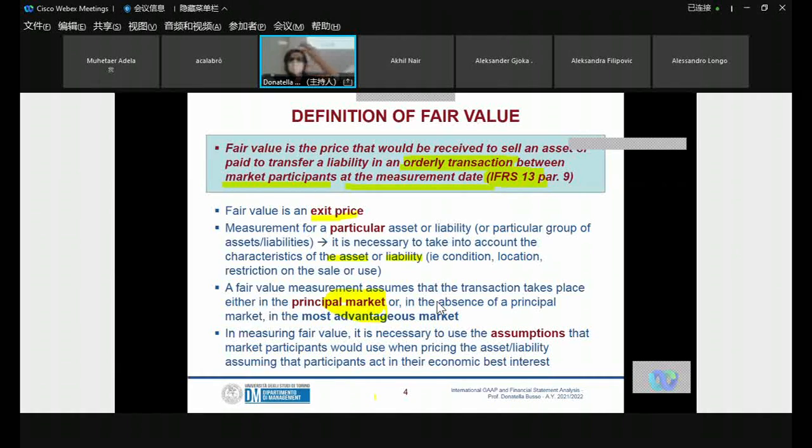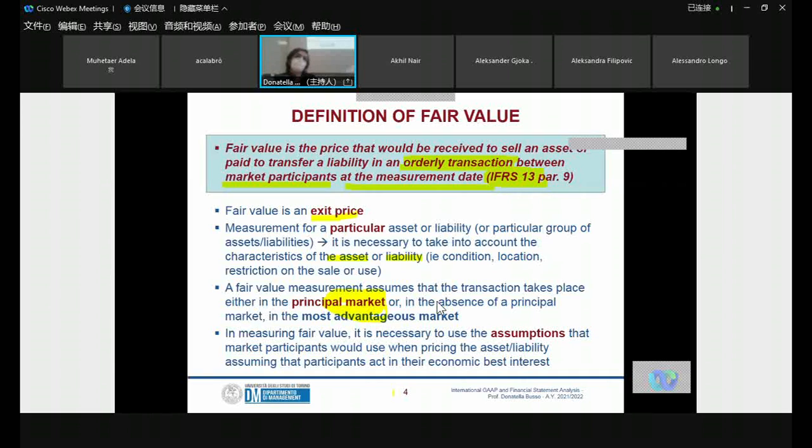Market participants know exactly the characteristics of the asset, the characteristics of the liability. There is a question. The buyer, the same. Okay, so also the buyer should be free to put in place the purchase.